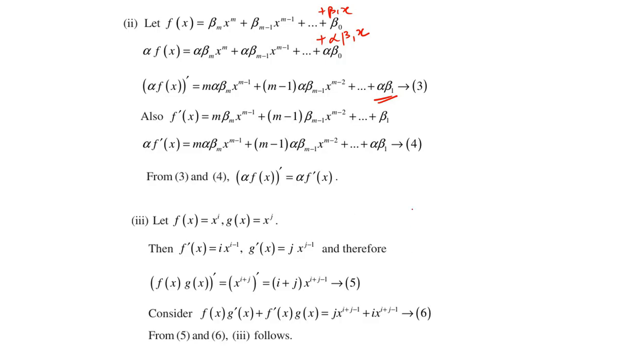Now coming to the third one, writing this f of x as a big expression like alpha m x power m plus and so on alpha 1x plus alpha naught, and then g of x as say some beta n x power n plus and so on beta 1x plus beta naught, and then multiply.